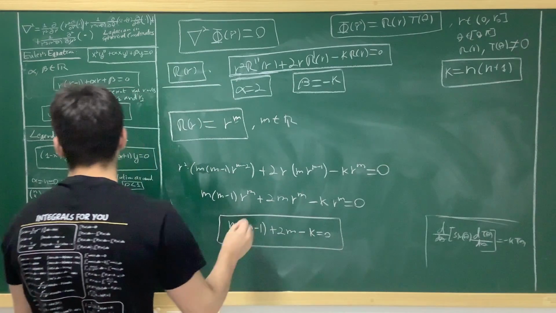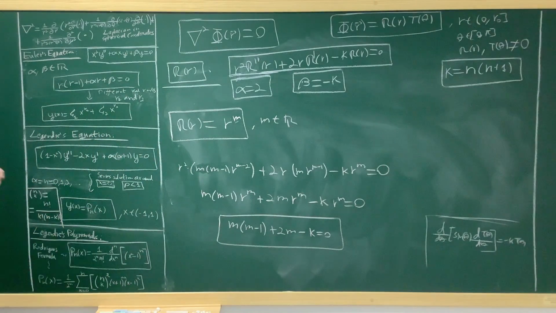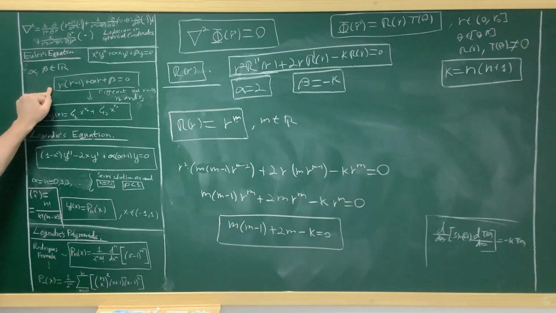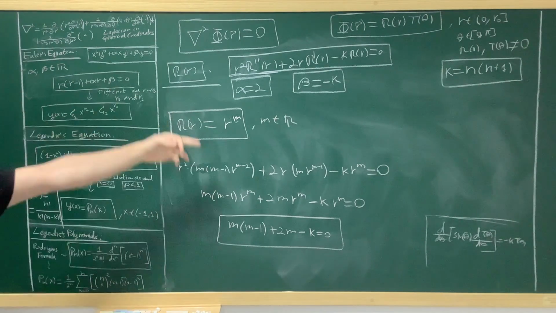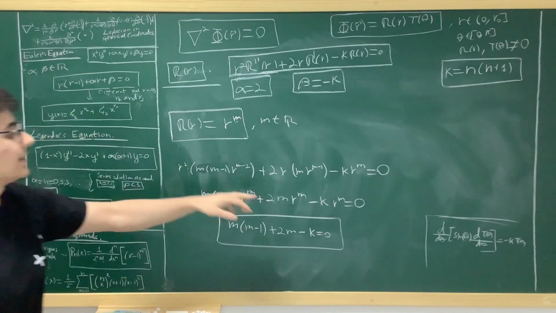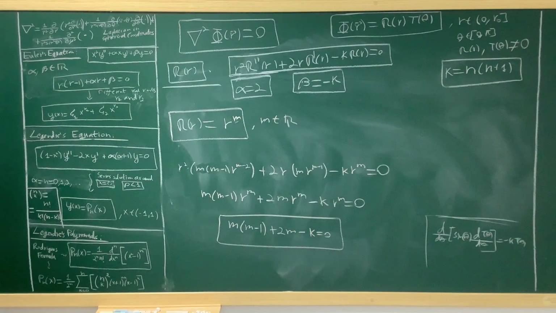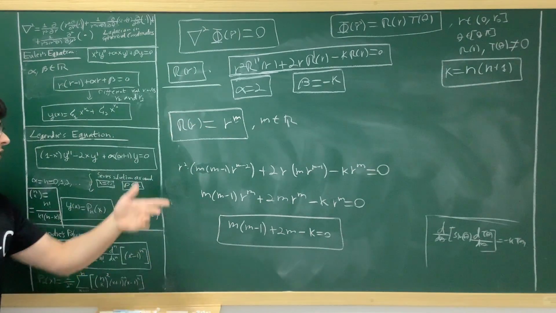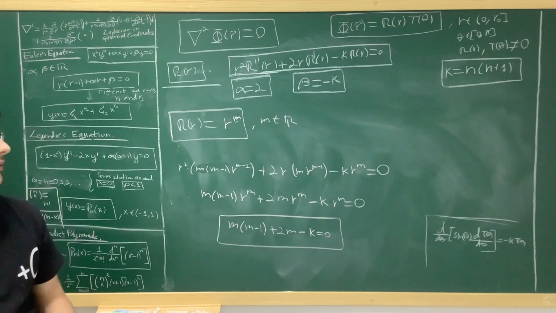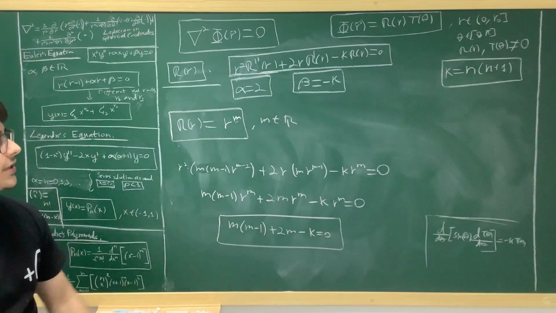This is what's called the indicial equation, and this is precisely this equation right here. Notice that alpha in this case is 2, and beta is negative k, just as we said before. So this is where this equation comes from. It's just by proposing this kind of solution and substituting. And this will give us our coefficients.